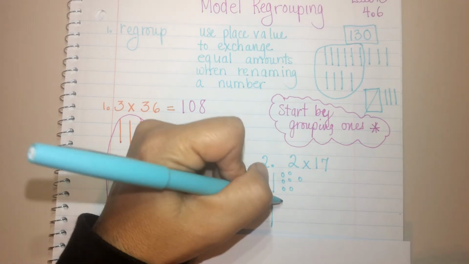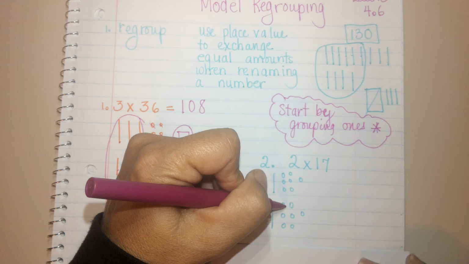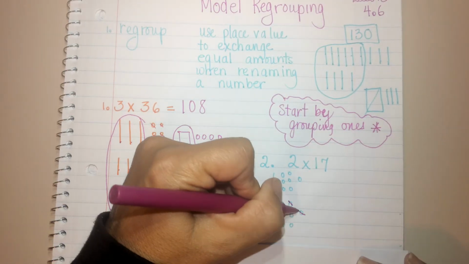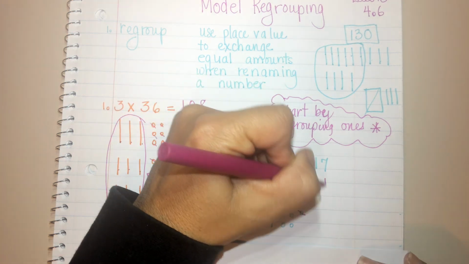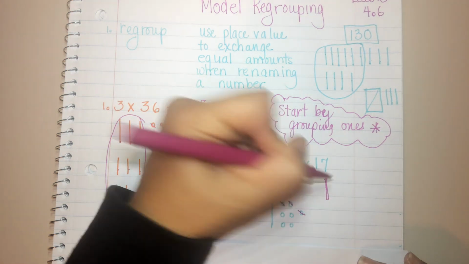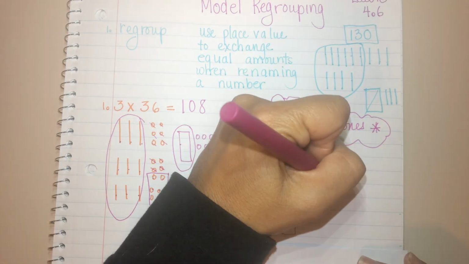And again, 10, and we have 7 ones. Okay. You start with your ones. 7, 8, 9, 10. We've made 10. And then I still have 4 ones left.